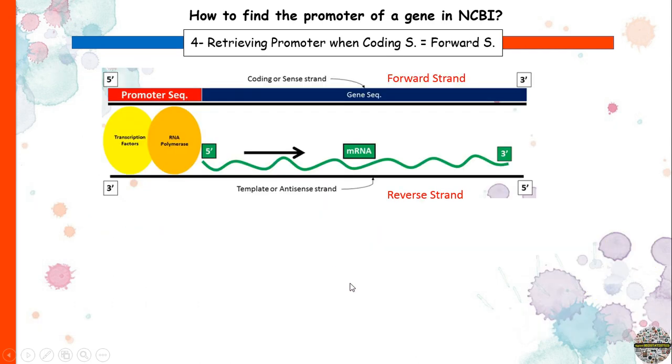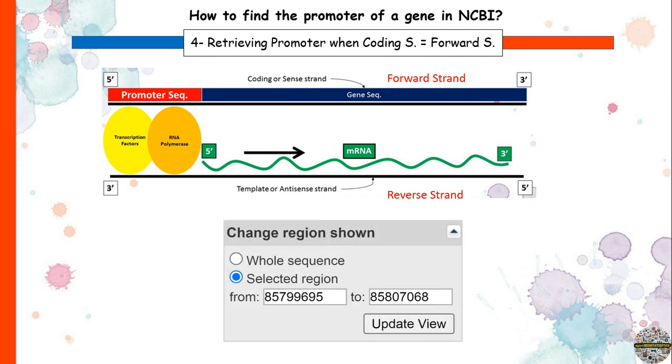So the first condition is when we want to retrieve the promoter when the coding strand is on the forward strand, and this is the simpler one, because we can see this box in NCBI, and it shows the number of the first nucleotide of the gene, and the number of the last nucleotide of the gene, and this is from 5' to 3'.